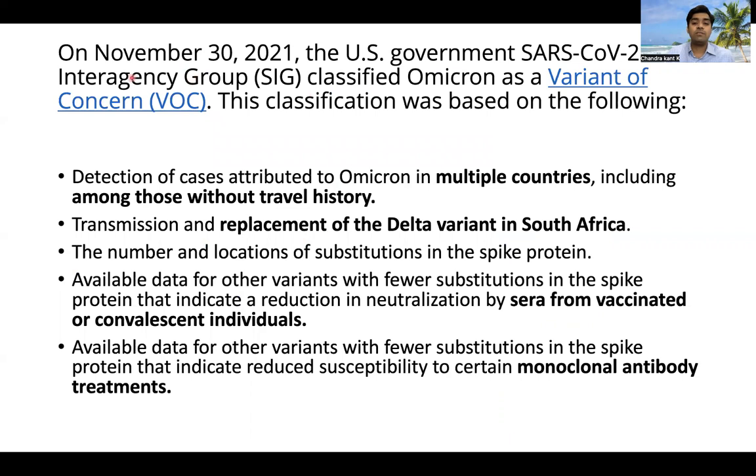I want to give you this report by the World Health Organization, which was released on November 30, 2021. Omicron is considered to be the variant of concern at this point in time because it is there in multiple countries. It is infecting those who have not traveled by aeroplane, and it has replaced the Delta variant.